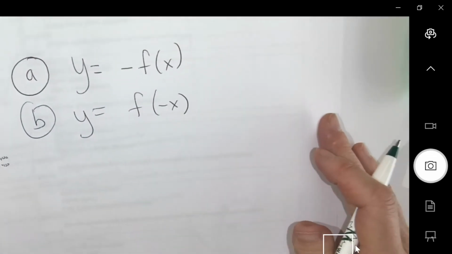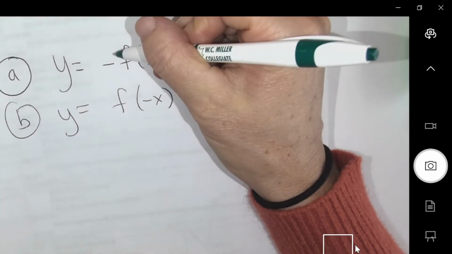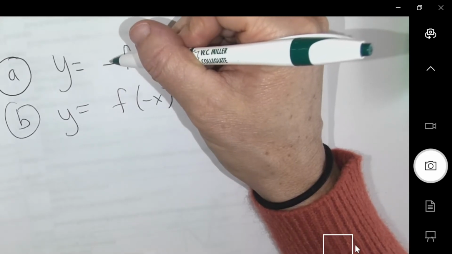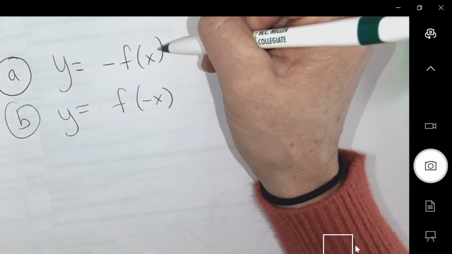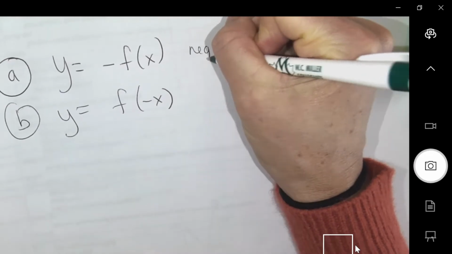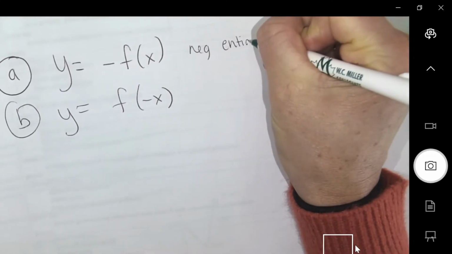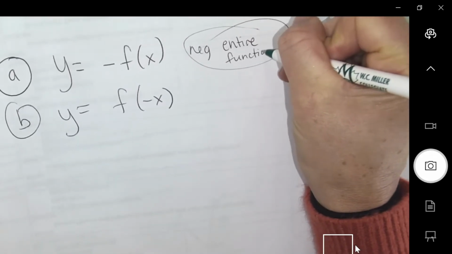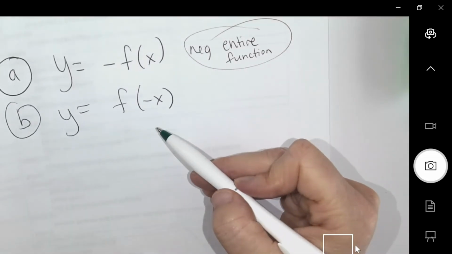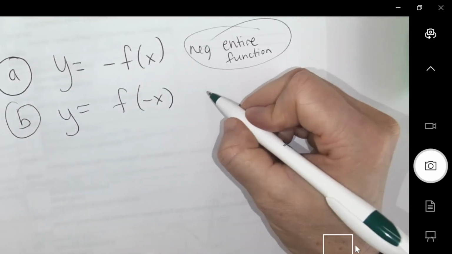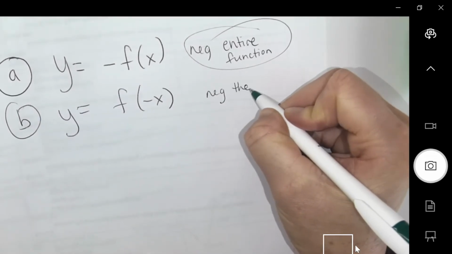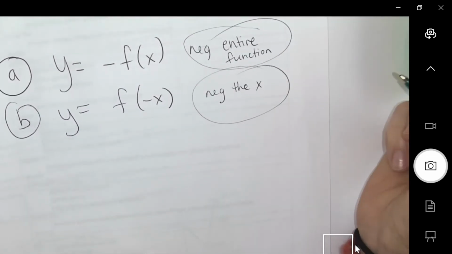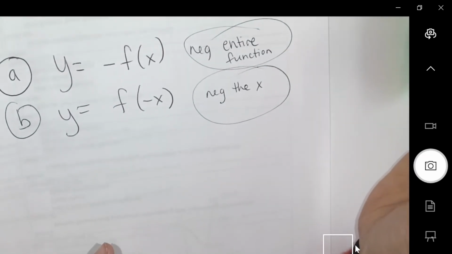Okay? Do you understand this is what it's doing? It's negating the entire function. What is this doing? It's negating just the x. Okay? It's a different concept.